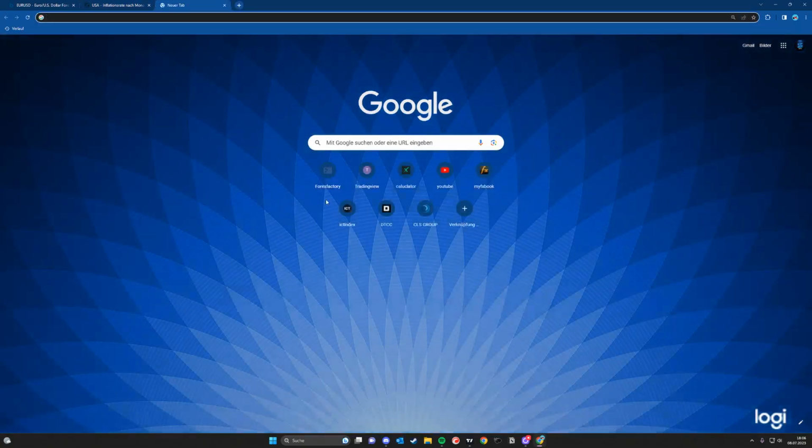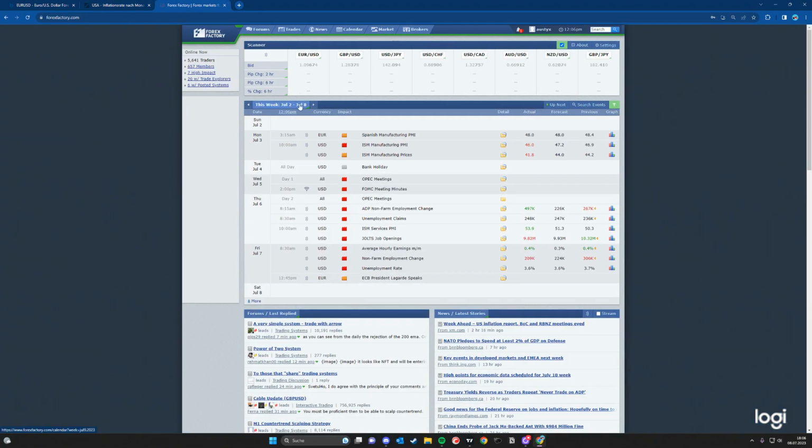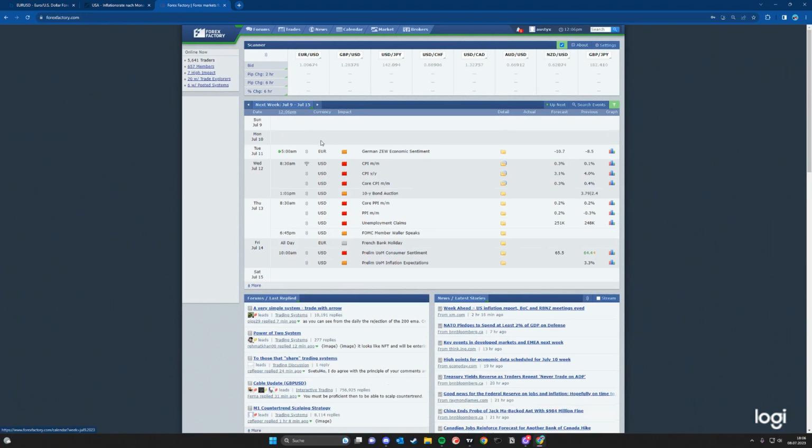We will probably, so Forex Factory news for next week. Monday, nothing. Tuesday doesn't really impact us. Wednesday we have CPI, MM, YY and Core MM. This will be important to us. 8:30, so we probably will trade the London open kill zone.